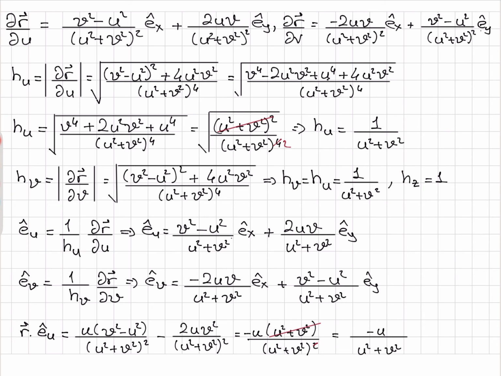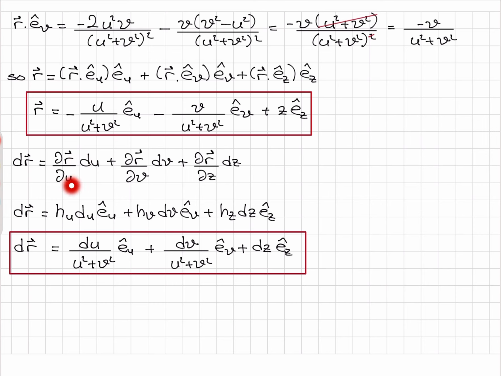And the displacement vector is partial derivative of r with respect to all of these coordinates multiplied by a differential change in the coordinates. And since this vector is simply the unit vector EU hat multiplied by HU, which means del r del u is HU EU hat.